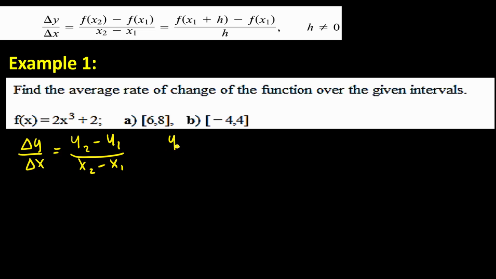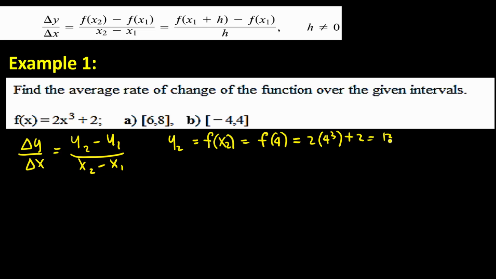So what is y2? Y2 is f of x2, which is f of 4. So that's 2 times 4 cubed plus 2. So that's 2 times 64, 128, plus 2.